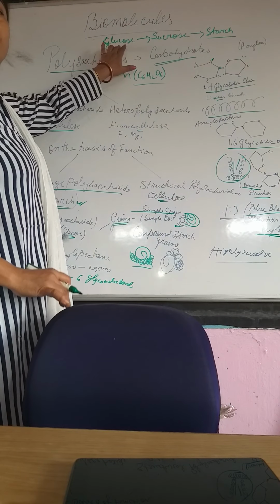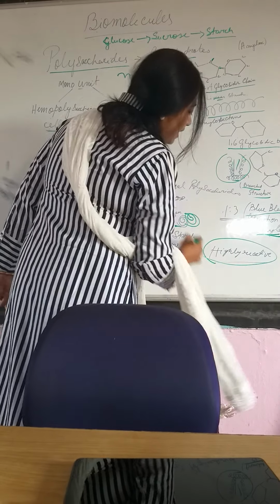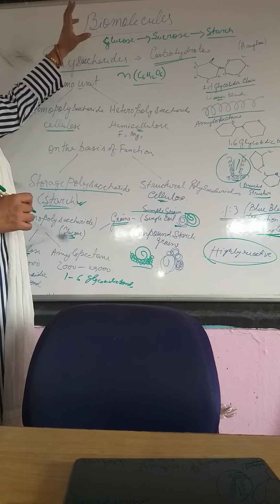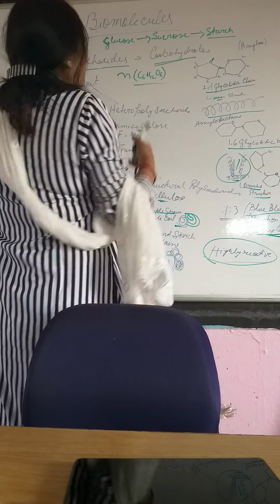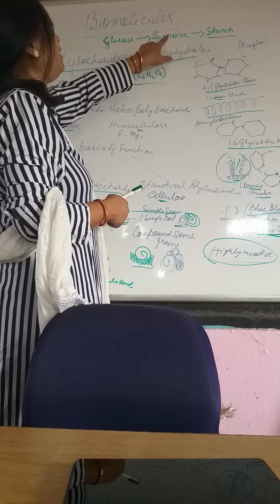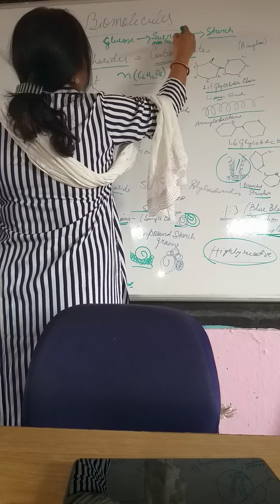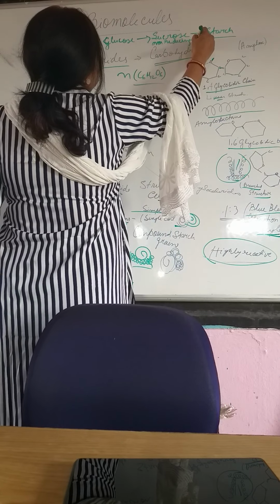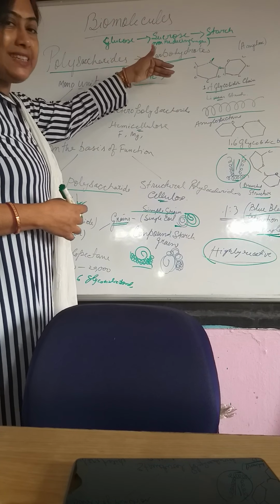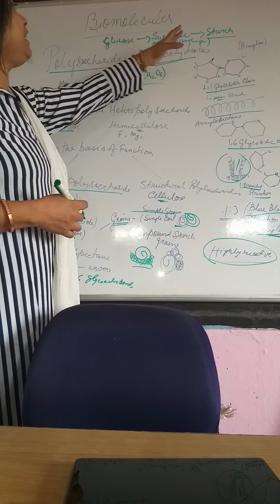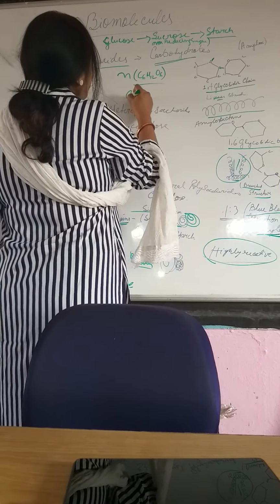Because you cannot store glucose, as it is highly reactive, so it has to get converted into sucrose. In our last class we did that sucrose is a non-reducing sugar. If it is a non-reducing sugar, it is less reactive or not reactive at all, so it can be stored there.